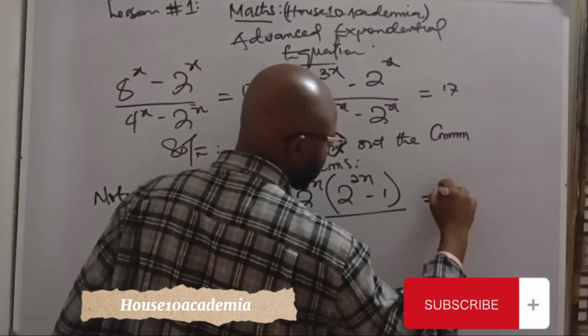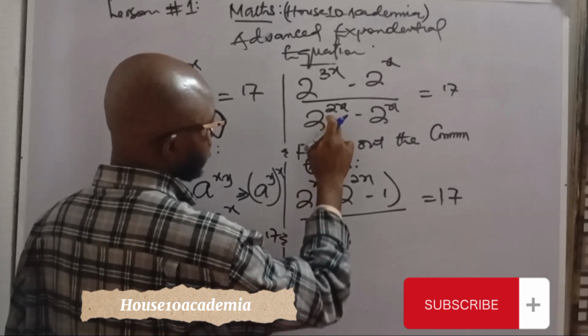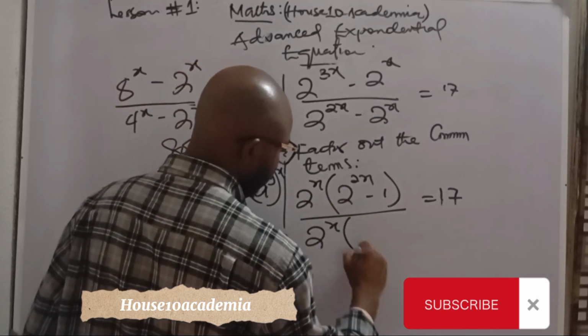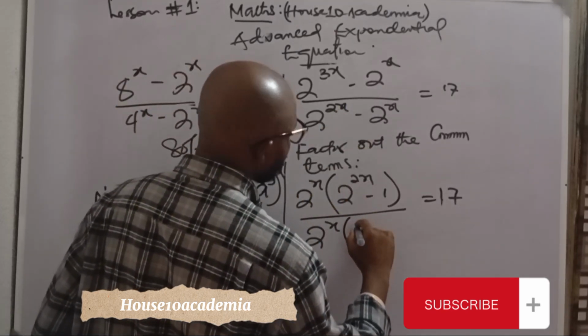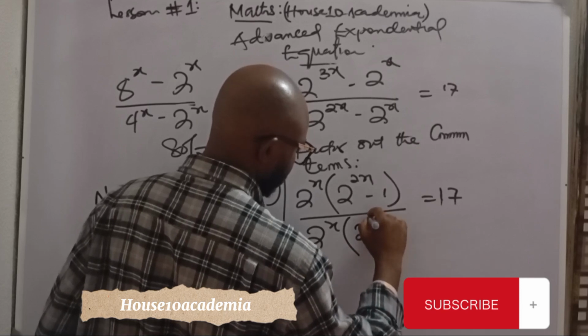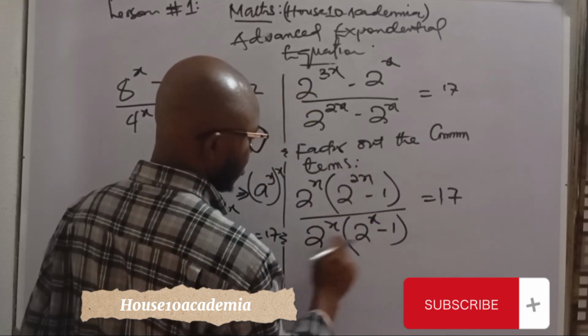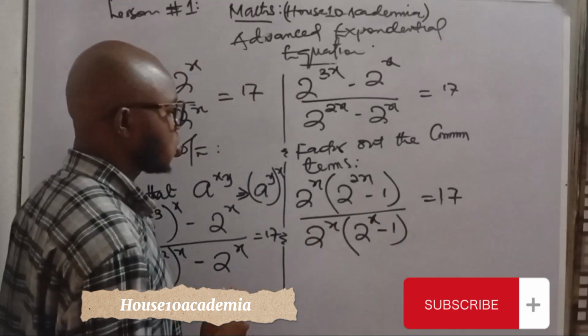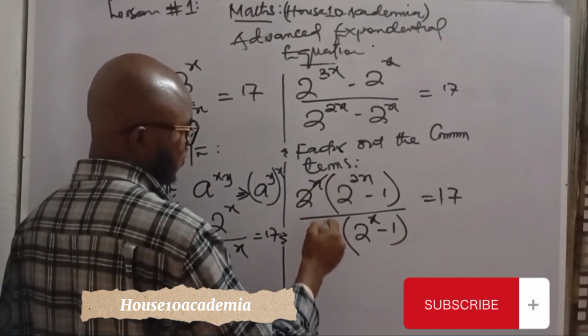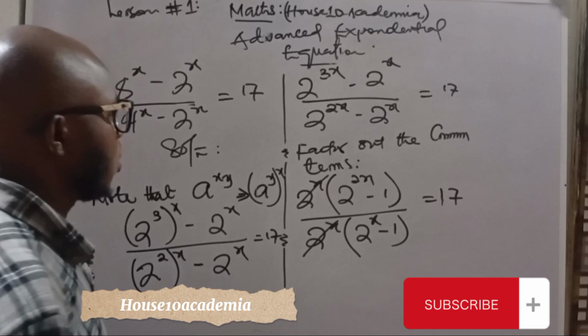equals 17. So we can equally do the same thing. We factor out 2^x. When you factor out, you have 2^x minus 1. But when you times this, you get this. So at this junction, we can equally factor out.